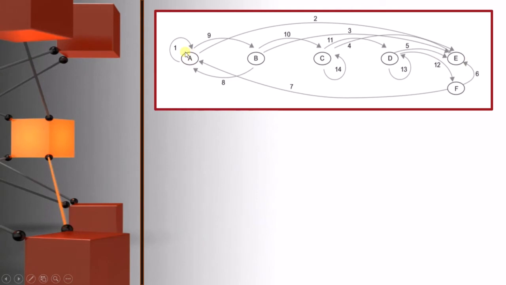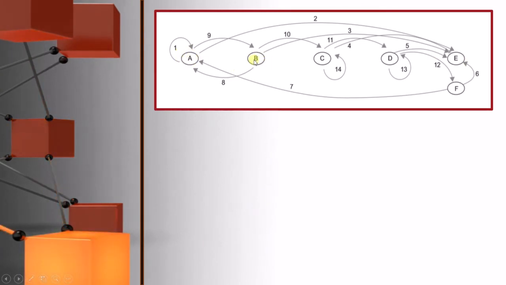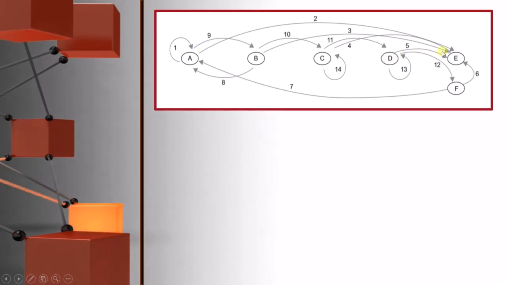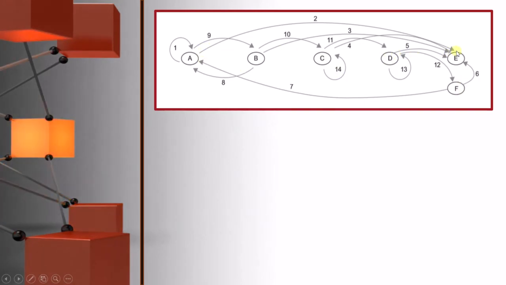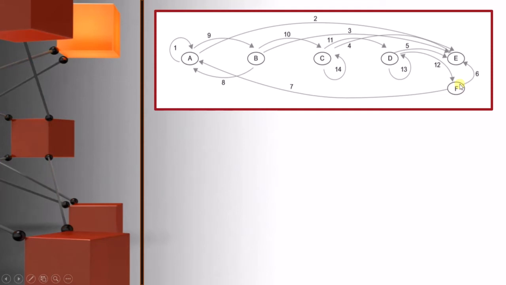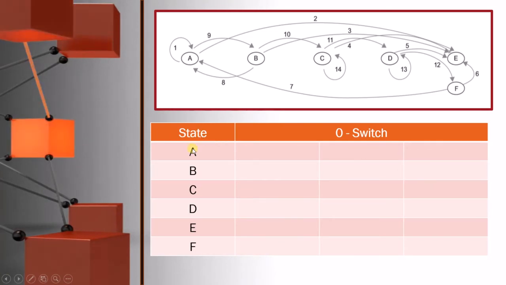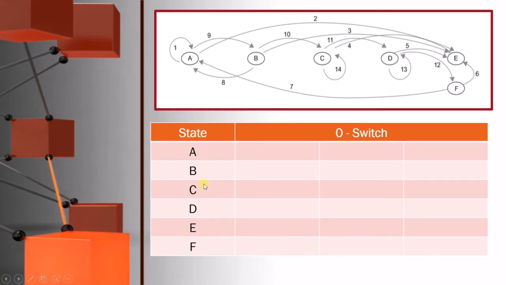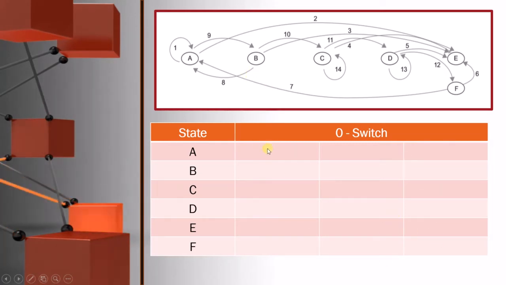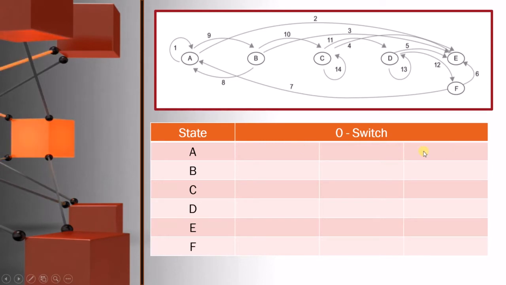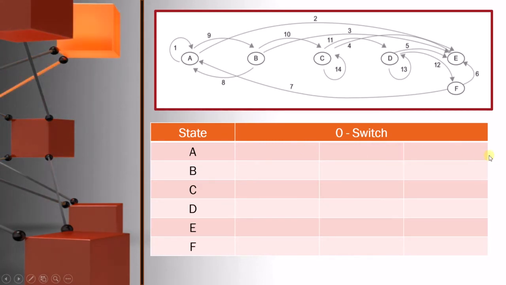If I see here, A is one state, B is another, C, D, E and F. These are the different states. For all these states, you have to find out zero switch, meaning one transition. So you have to draw a diagram like this. You have to mention all the states towards your left and give some space for the zero switch. I have written only 3 here because I know there are not going to be more than 3, but there should be more space over here.